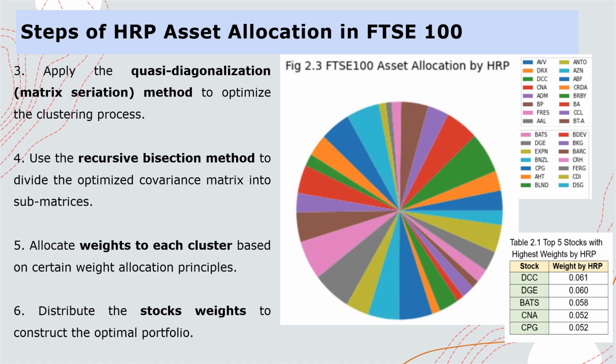Following specific weight allocation principles, the weights of individual stocks were distributed to construct an optimal portfolio. In the figure below, the pie chart presents the weight allocated to each stock within the FTSE 100 portfolio, and the table located in the bottom right corner displays the top 5 stocks with the highest weights in this portfolio, where DCC stock has the highest weight of 6.1% as determined by the HRP method.